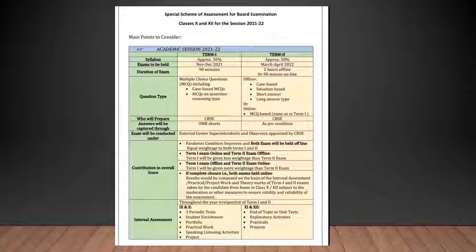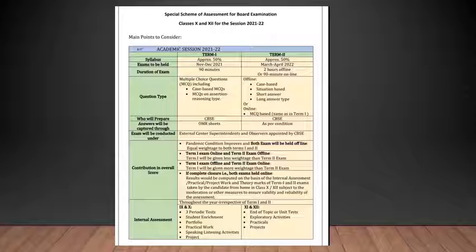If there is complete closure and both examinations are held online, then results would be computed on the basis of the internal assessment, practical project work and theory marks of the term 1 and 2 examinations taken by the candidate from home in class 10th and or 12th, subject to moderation or other measures to ensure validity and reliability of the assessment. As for internal assessment, it is going to be throughout the year, irrespective of term 1 and 2.